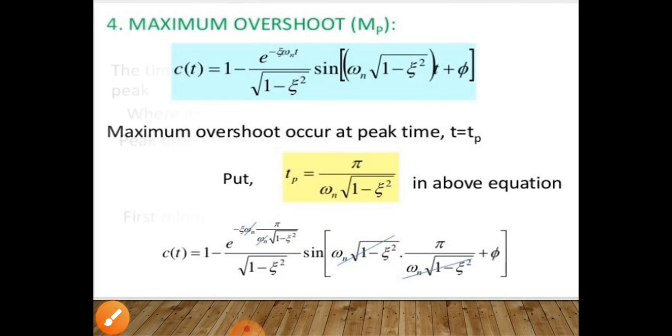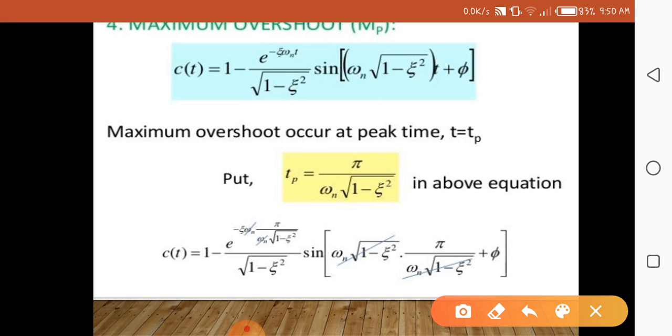So next, maximum overshoot. Generally, the maximum overshoot is represented by capital M P. The maximum positive deviation of the output with respect to its desired value is known as maximum overshoot.